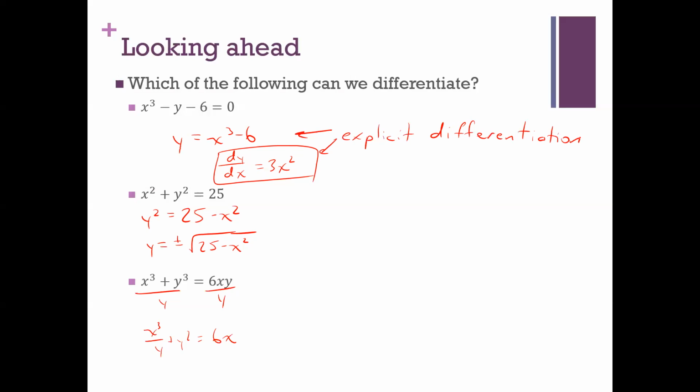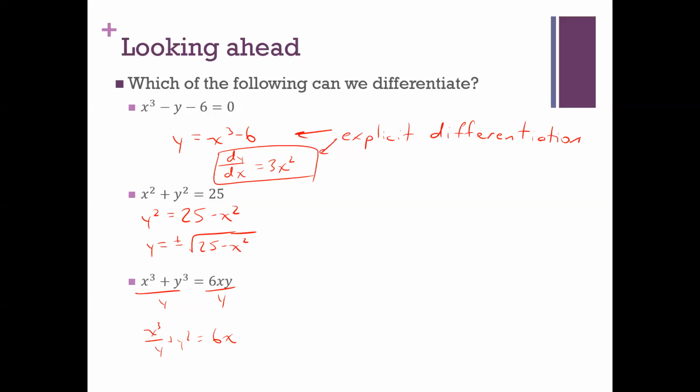So the input variable is x. The output or dependent variable is y. What is the derivative of y with respect to x? It's this thing we call dy dx. That's what that notation means.